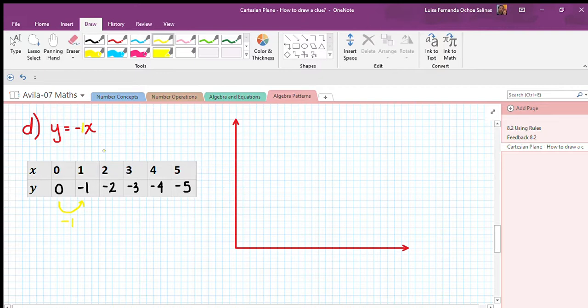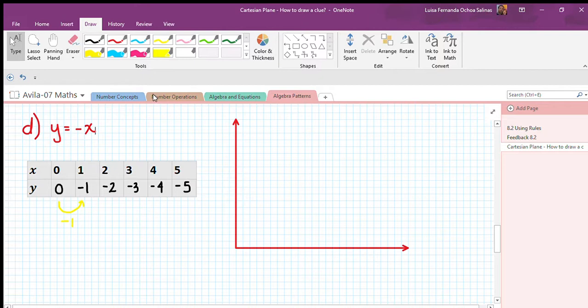We write negative x. So I'm going to delete this to not create any confusion, so we write it like this, negative x. But I want to point out that here there is a hidden 1. Agree?